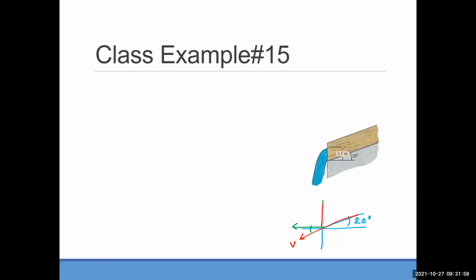What is the angle here? Again, it's 20, and I will name that V, maybe the horizontal component. Okay, so V horizontal is V perpendicular to the area, and that will be V cosine 20 degrees.